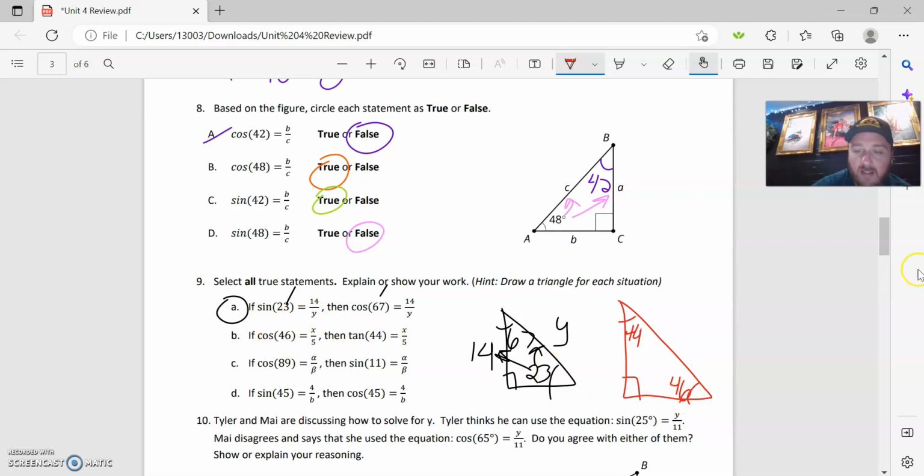Cosine 46 is x on the adjacent side, the side next to me, over 5 on the hypotenuse. Is it true then that the tangent of 44 is x over 5? The tangent of 44 would be looking for the opposite over adjacent, x over y. So no, that is not true.